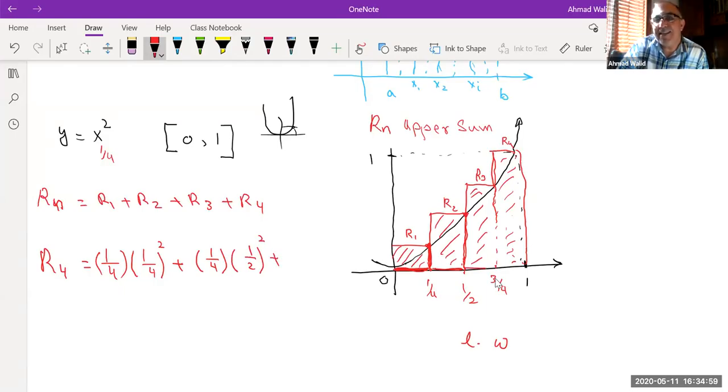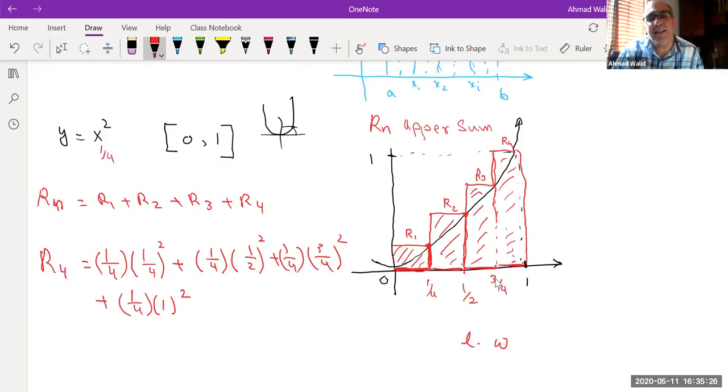Plus, again, this distance is 1/4, times the height, it means 3/4 squared. Plus the last one. Again, this distance is 1/4, times the height, it means 1 squared.